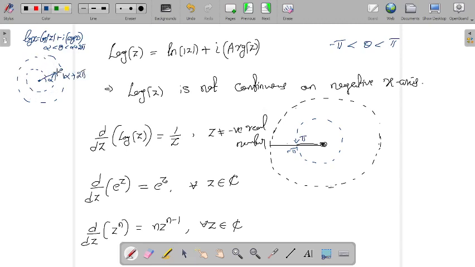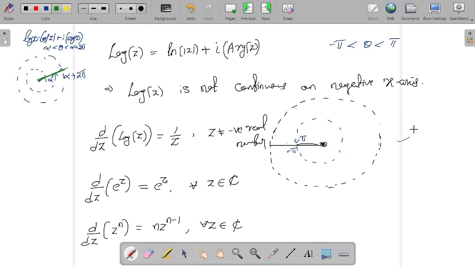So if you take a logarithmic function this way, then I can say that it's not going to be differentiable on this line. If it is the principal logarithmic function, yes, we are very sure it is not differentiable on the negative x-axis.